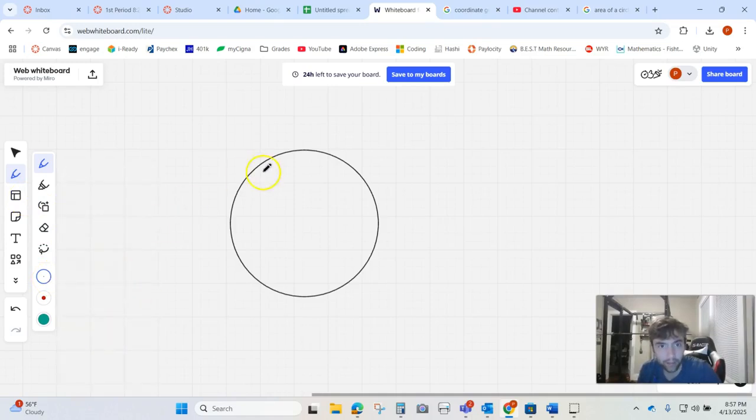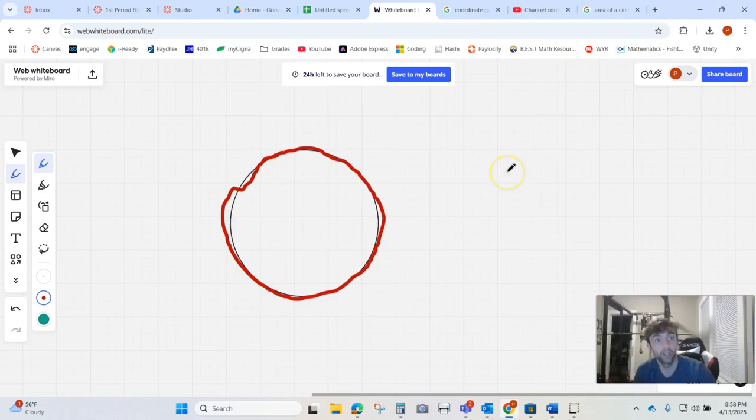Yes, circumference is the space around the outside of a circle. Kind of like perimeter. Circumference and perimeter are kind of the same.